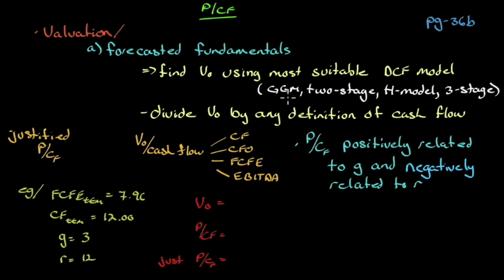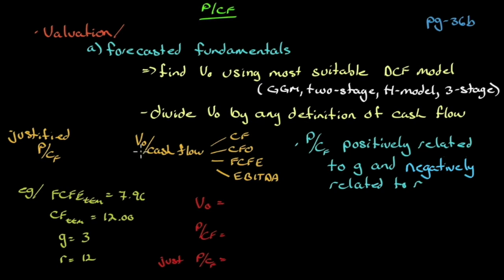Of course, you decide whether we have a 1-stage, 2-stage, H model or 3-stage cash flow. However you want to do it, you come up with an intrinsic value. Then we divide that by any definition of cash flow that you feel is appropriate for the firm that you have, and that is the justified price to cash flow.